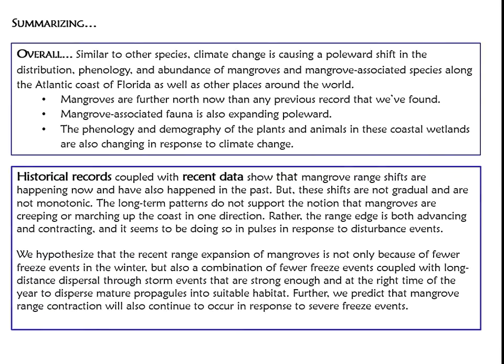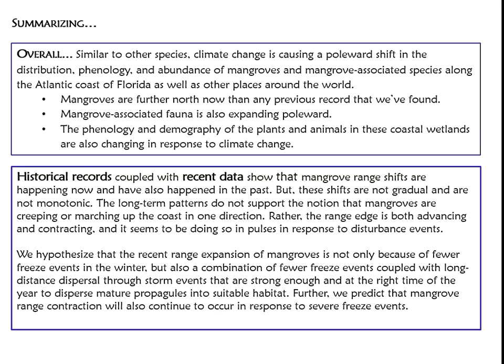similar to other species, climate change is causing a poleward shift in the distribution, phenology, and abundance of mangroves and mangrove-associated species. That's happening along the coast of Florida and other places around the world. Mangroves are further north now than they have been found before, with one exception.